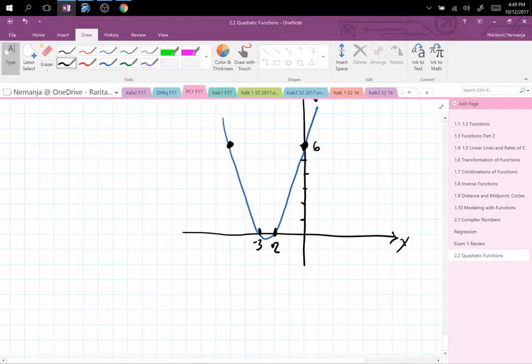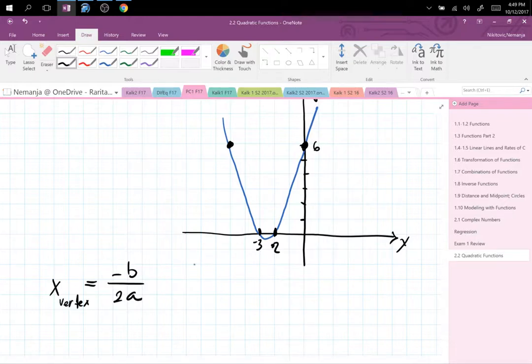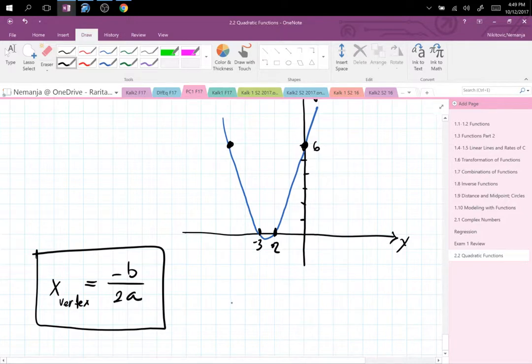Or you can say that the x coordinate of the vertex can be found as -b divided by 2a. How much is your b from the problem? It's 5.